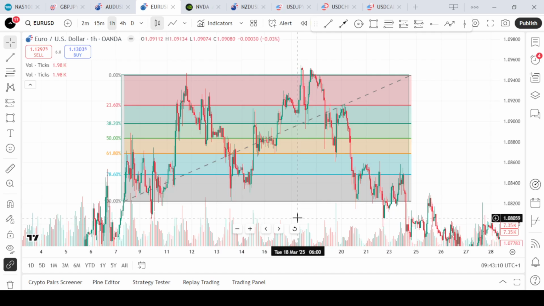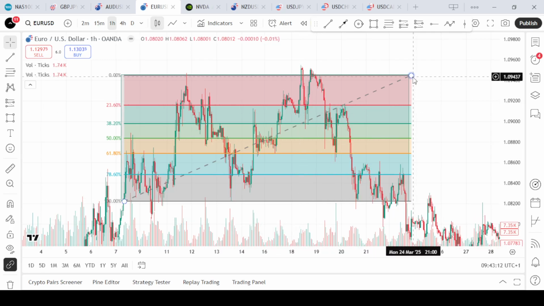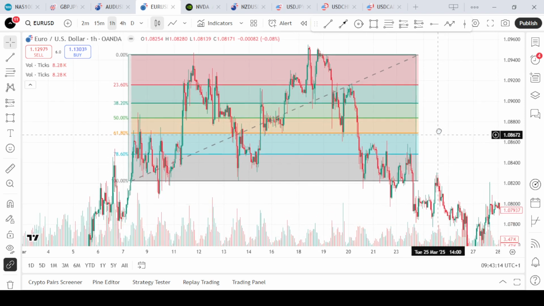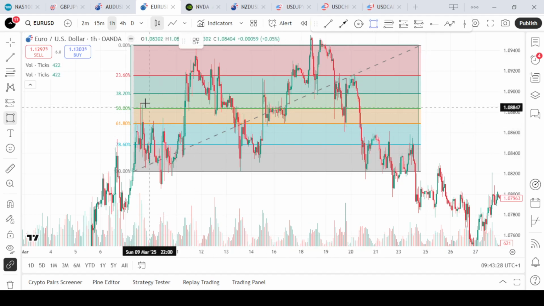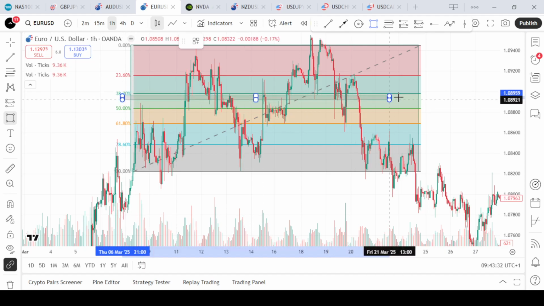Once you have identified the range, you plot your Fibonacci tool in the range. Once you have plotted our Fibonacci tool in the range, you will use your charting tool to draw levels, which will divide the range into smaller zones. And the areas that we are going to draw are our 38.2 level.